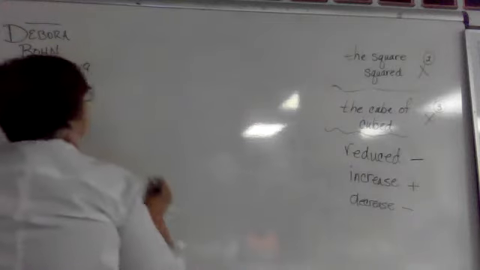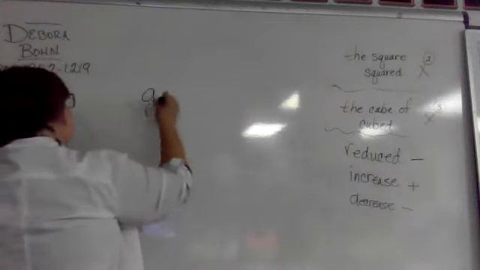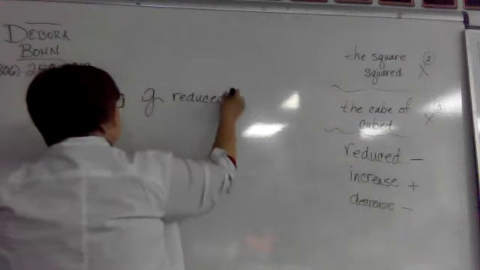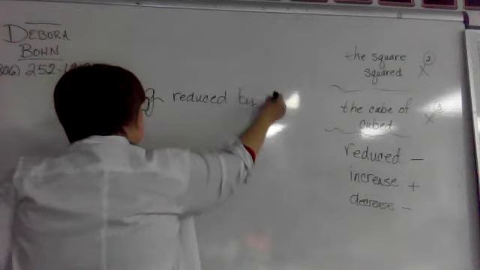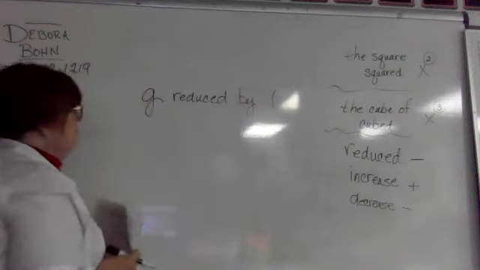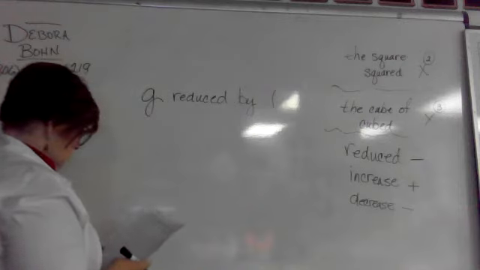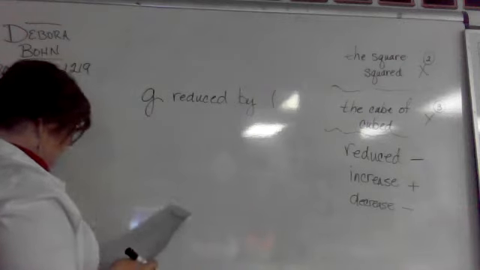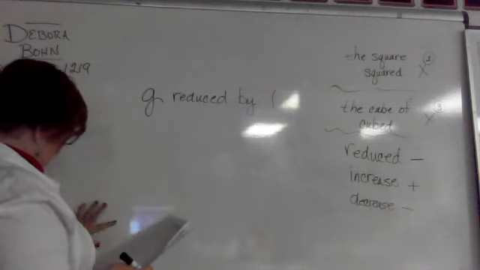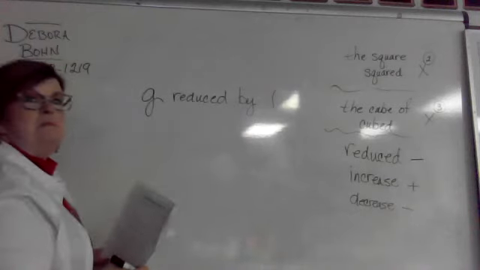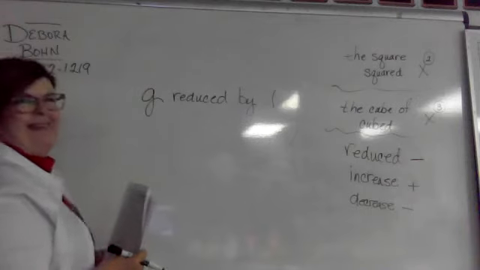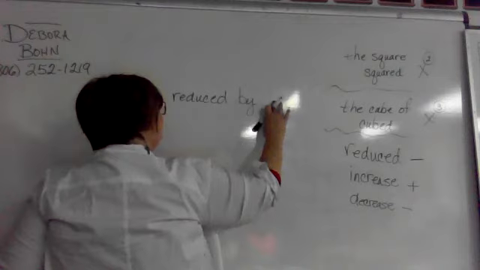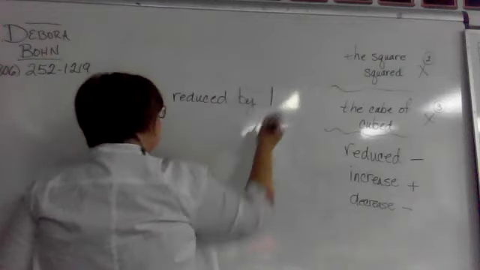So, let's say G. Is that a 1 up there? It is a 1. This is a 1. G reduced by 1.